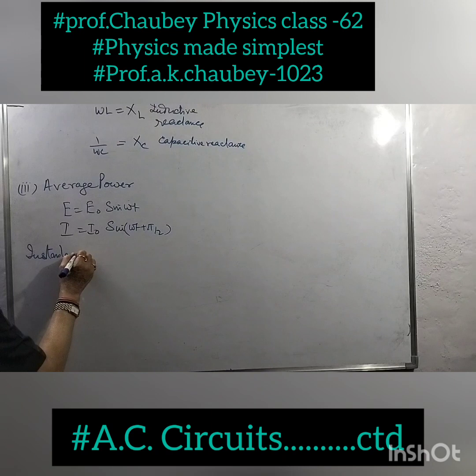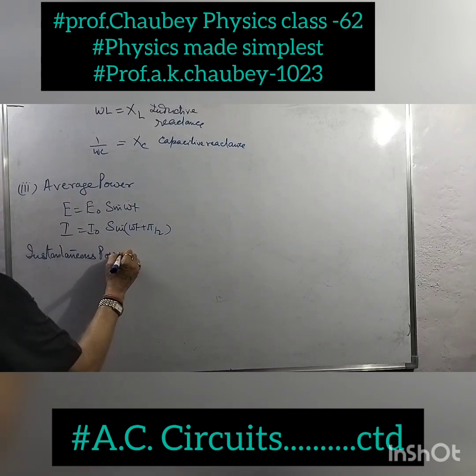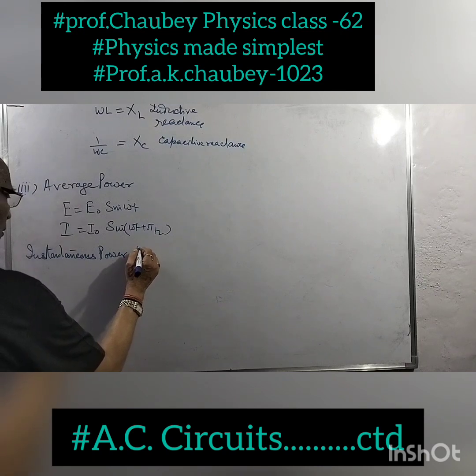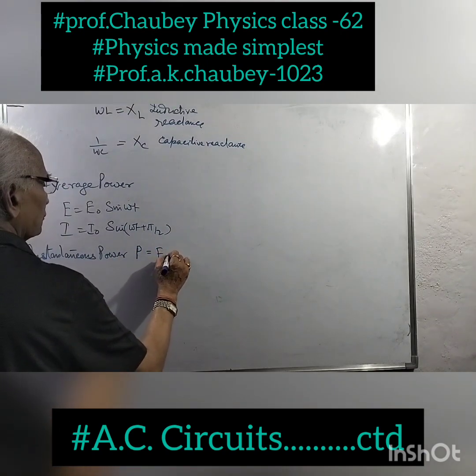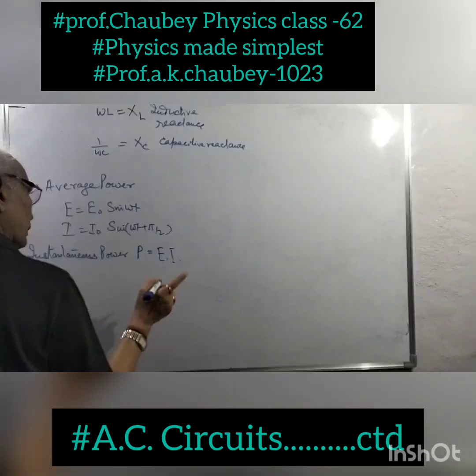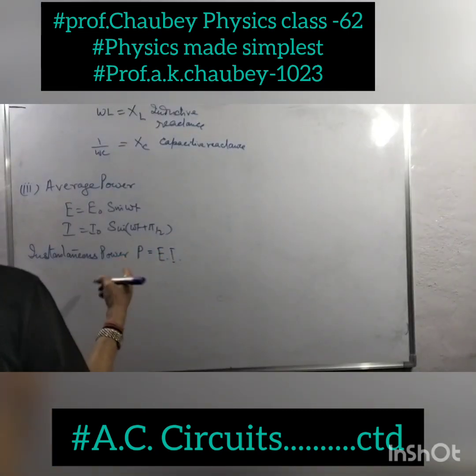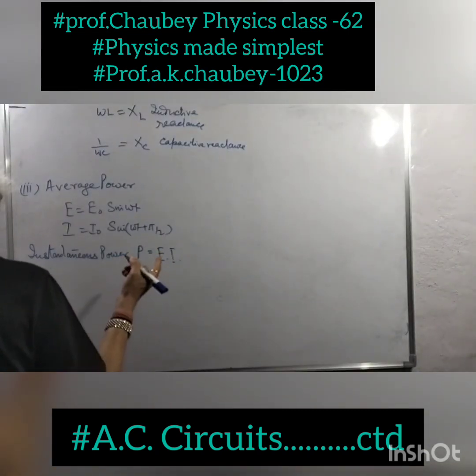Instantaneous power P is equal to E into I. At any instant, E potential, I current, so E into I is the instantaneous power.